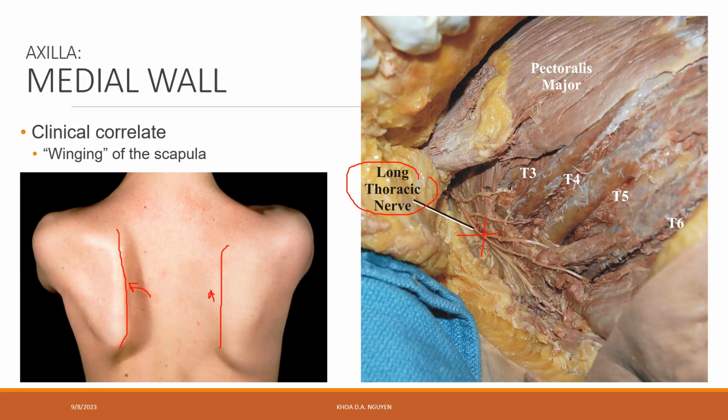Therefore, the medial part of the scapula, as well as the inferior angle of the scapula, is going to be flying away from the posterior part of the ribcage. And therefore, we call that winging of the scapula, or scapular winging. This is a clinical correlate that gets asked all the time. So you need to remember that, and you need to understand why this happens.